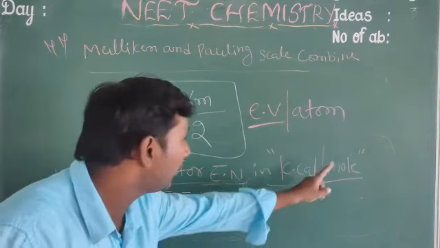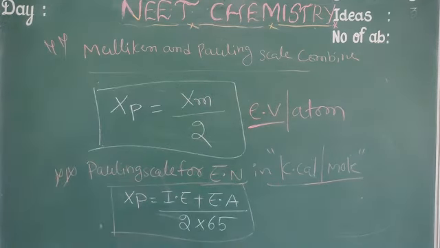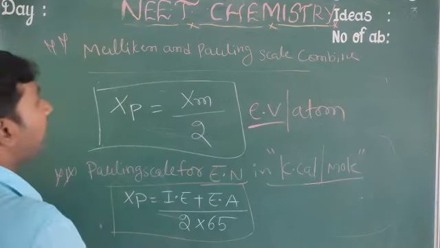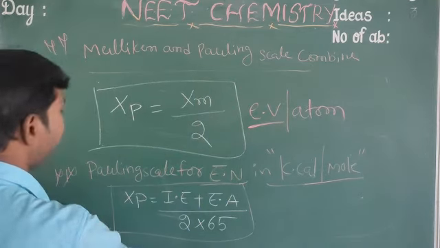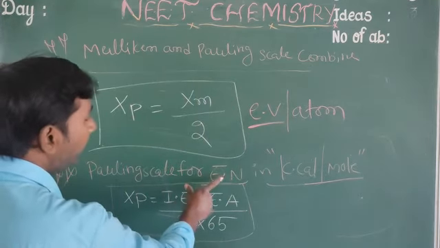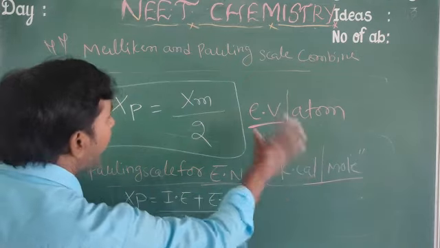This one is kilocalories per mole. These are the scales, Mulliken and Pauling scale.